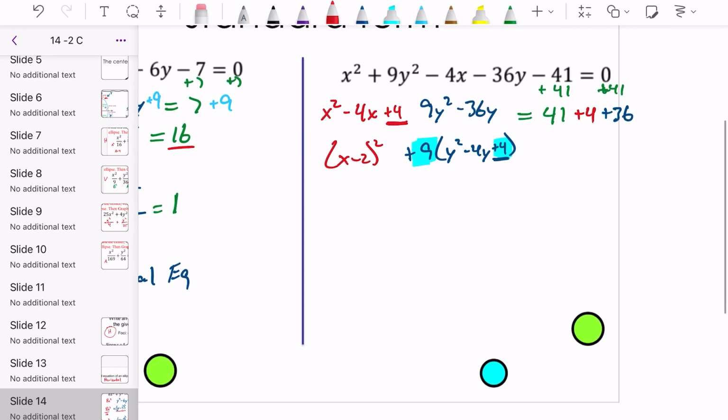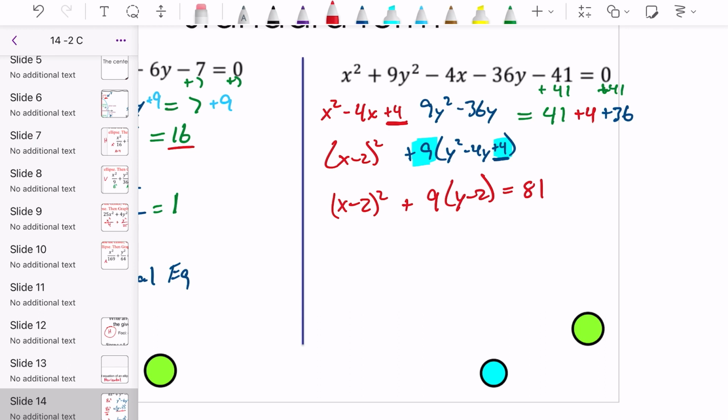You're going to rewrite the problem as x minus 2 squared plus 9 times y minus 2 squared is equal to 81.